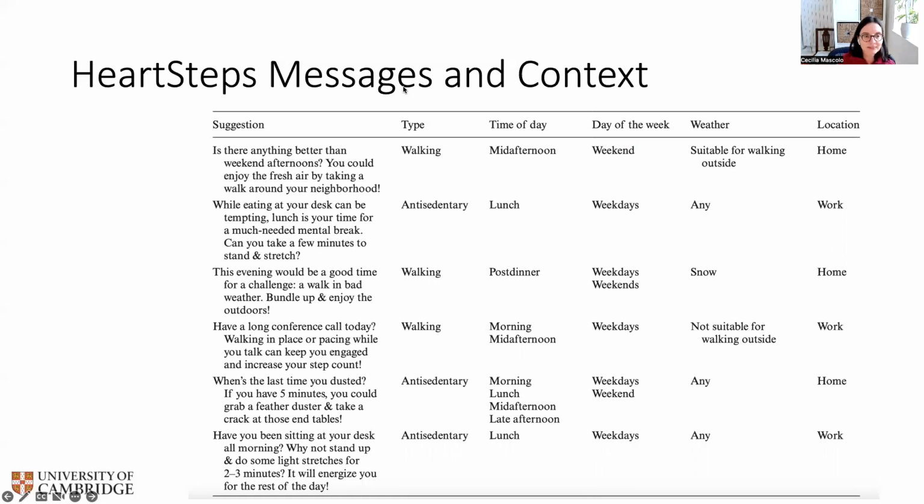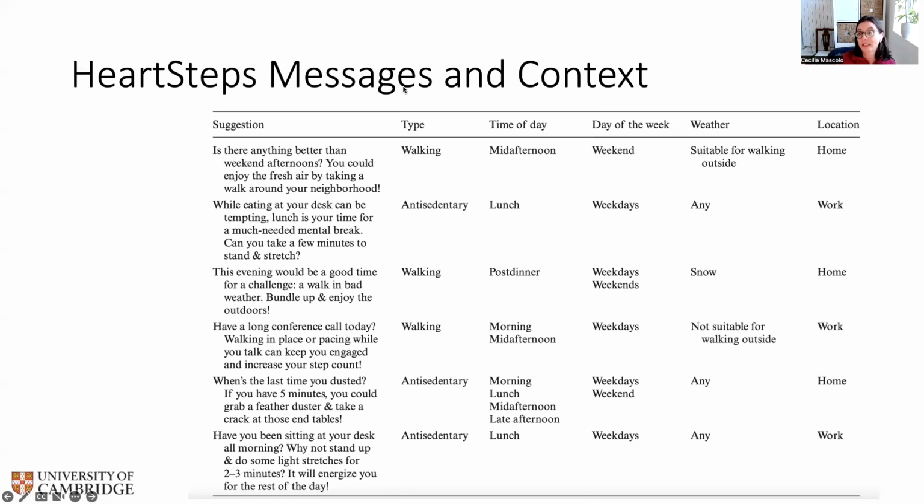This is the Increase Your Step Count app that was developed by the group of Susan Murphy at Harvard. In the first column, you see the various suggestions. Is there anything better than weekend afternoons? You can enjoy the fresh air by taking a walk around your neighborhood. The idea is that they've considered the time of day when it's best to send this, the type of day, and they're sending it on the weekend.